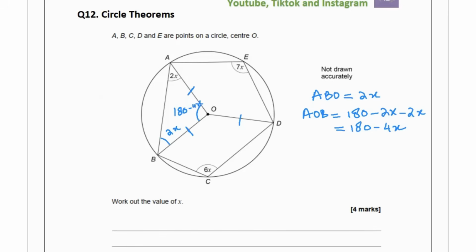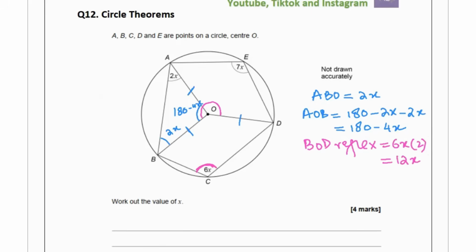Now, if you notice this angle, if this is 6x, that means this is going to be twice of 6x. So angle BOD reflex is going to be 6x times 2, which is 12x.